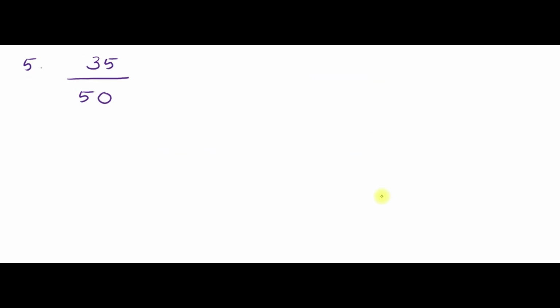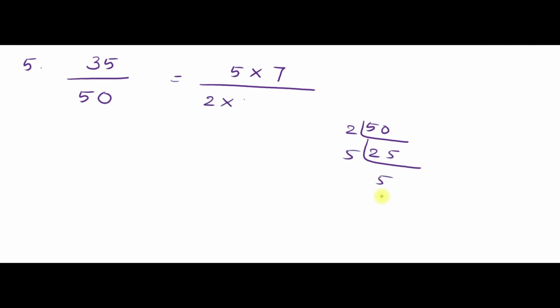Fifth question is 35 by 50. 35 can be represented as 5 into 7, and 50 can be represented as 50 by 2 which is 25, then 5, 5. So it can be represented as 2 into 5 into 5.